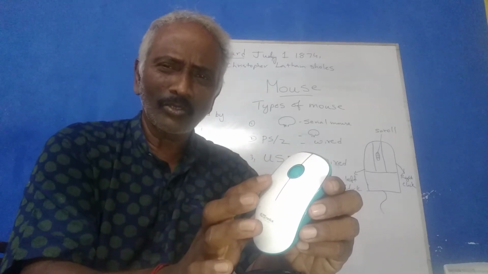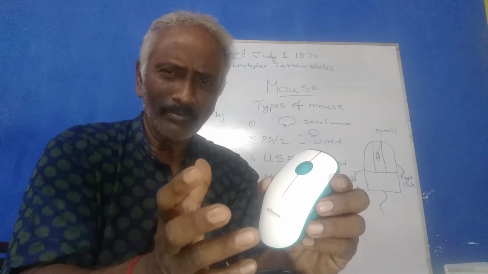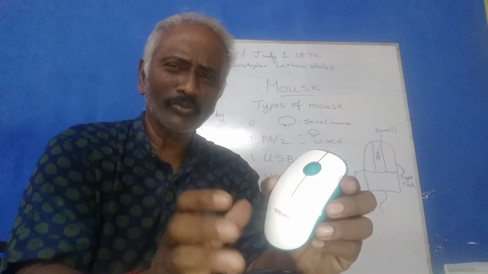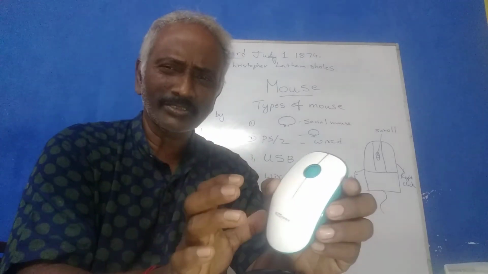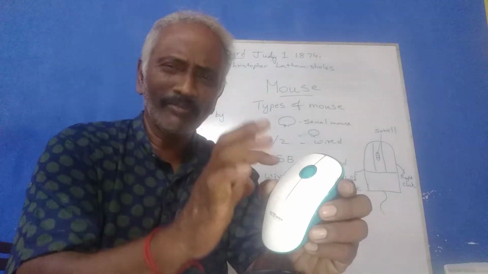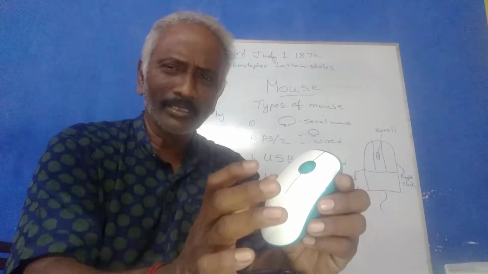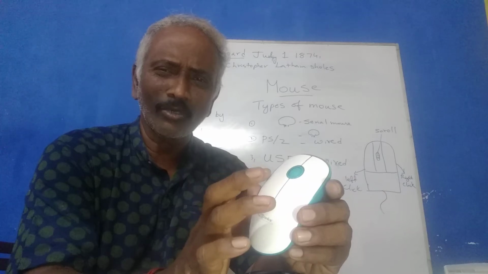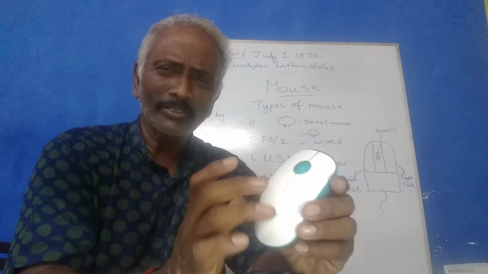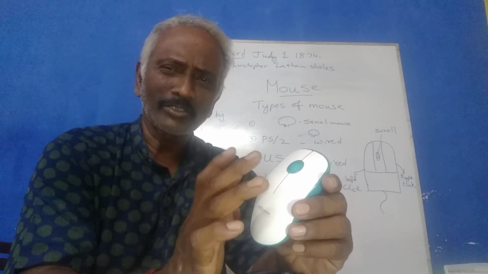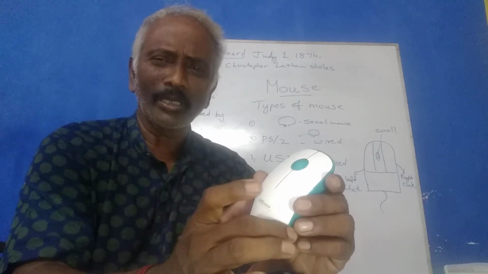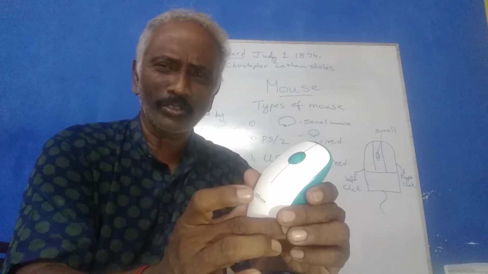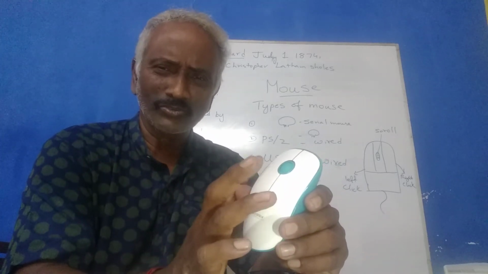So what you have to do is swap: take a new mouse, fix it, and check. If the left and right button clicks are okay, then there is an issue with your old mouse, and your software is okay. So you can replace the mouse.